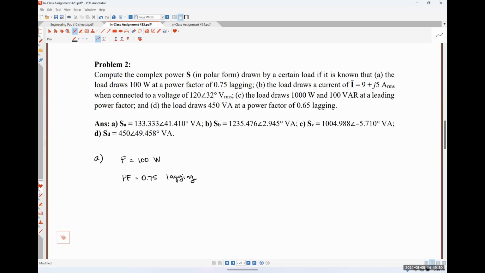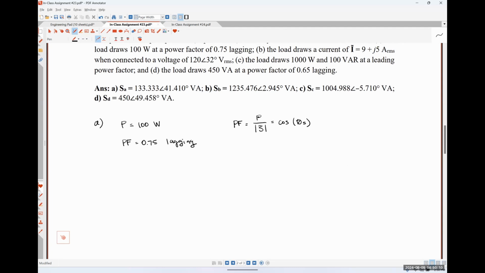I'm expecting you now to be able to tell me what the complex power is. Because we literally just learned about power factor within the last 10 to 15 minutes, I'll go ahead and effectively tell you what to do. Recall that power factor is defined as the ratio of average power to apparent power, and it is also the cosine of our power factor angle.